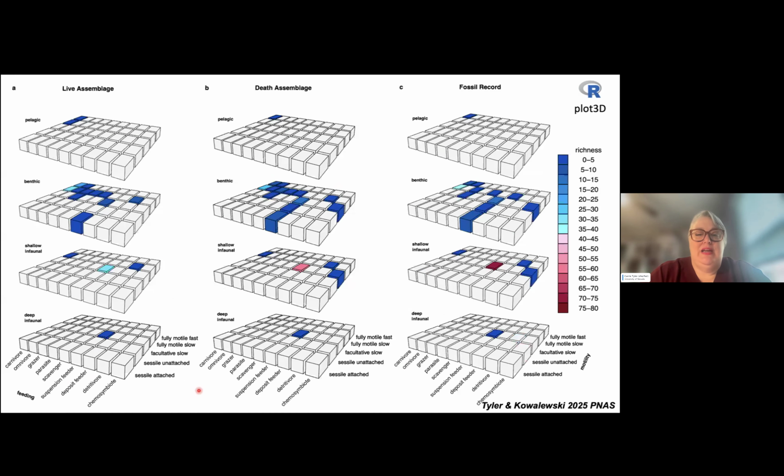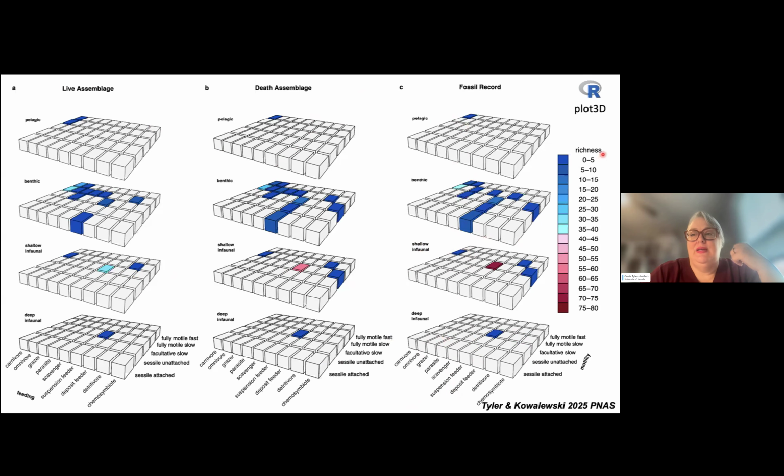But I think more interesting is to compare richness, right? The number of taxa. So here we have the live, the dead, and also we created a hypothetical fossil record here. So the fossil data here are only based on any species in our data set that had a fossil record, or a fossil was recorded somewhere and documented in the Paleobiology Database. So this is a hypothetical fossil record based on our actual data.